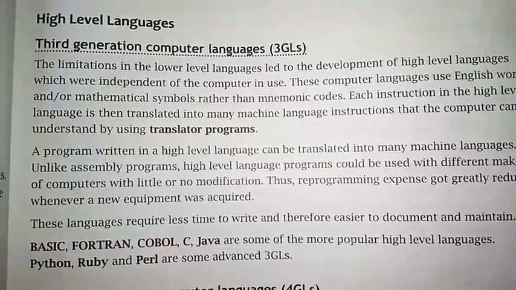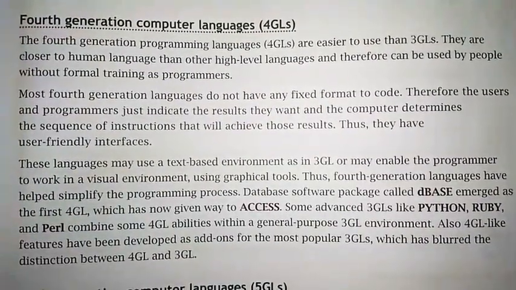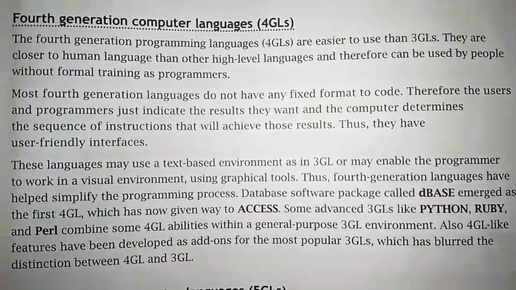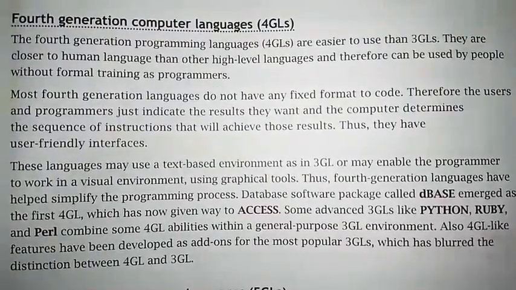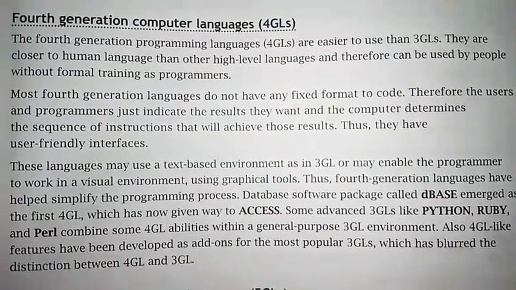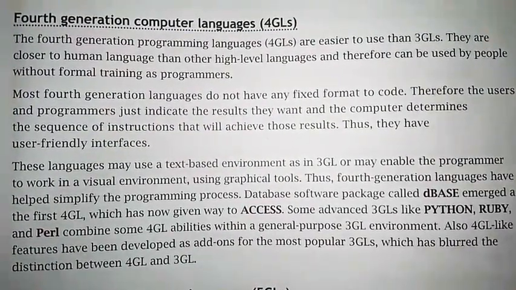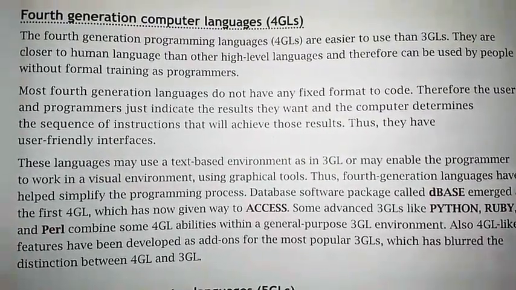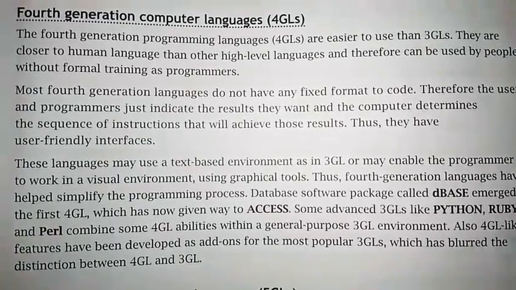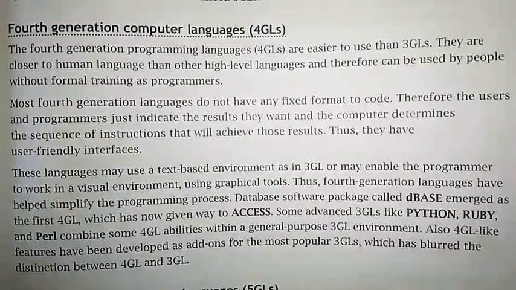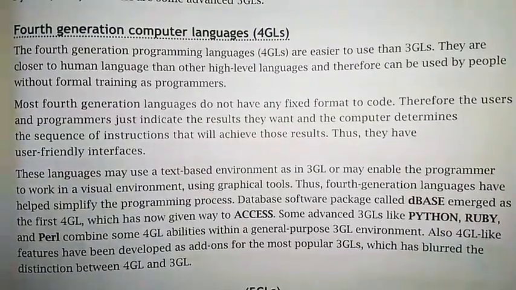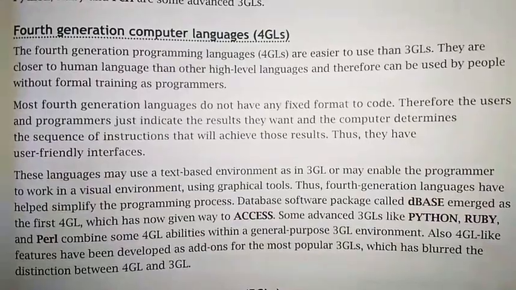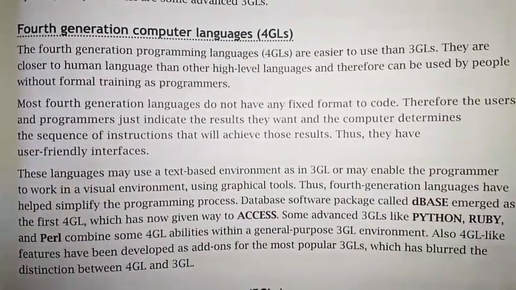Okay. Now, fourth generation computer language, we can say that 4GLs. The fourth generation programming languages 4GLs are easier to use than 3GLs. So students, the fourth generation programming languages are easy to write and understand than the 3GLs. It means third generation computer languages. Understand? They are closer to human language than other high level languages and therefore can be used by people without formal training as programmers.